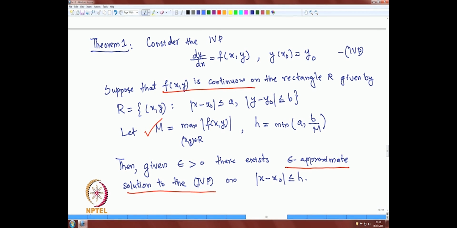Let us recall the theorem we have stated, that is Theorem 1.